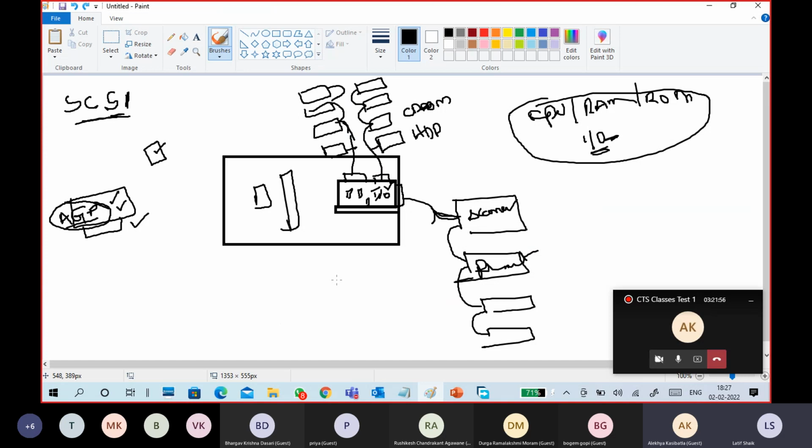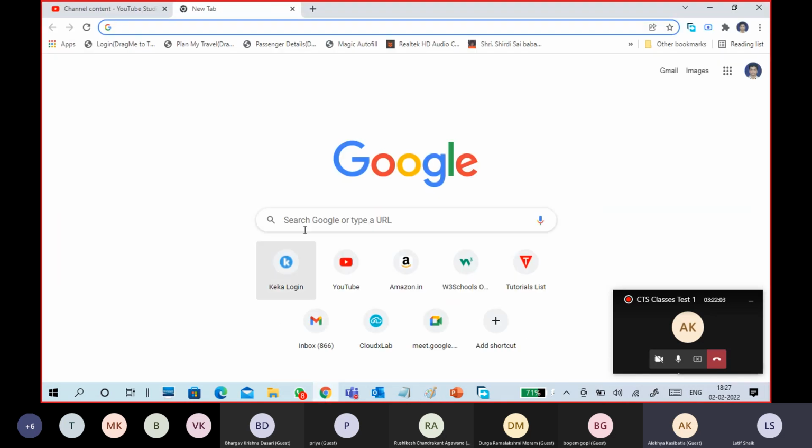You have to connect an external hard disk and store the data into the external hard disk. Like that, you have a problem with where to store the data. Storage is a big problem. Got it, right?